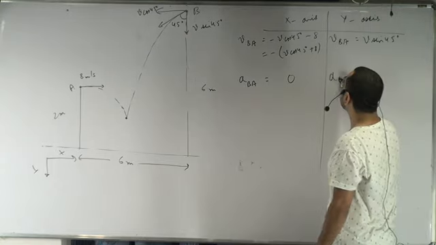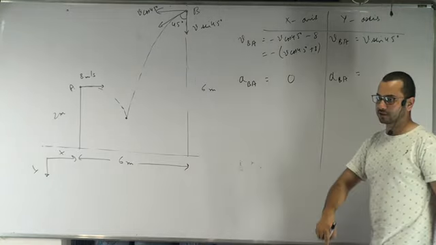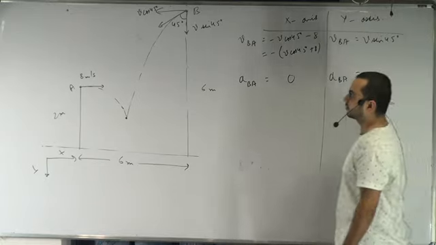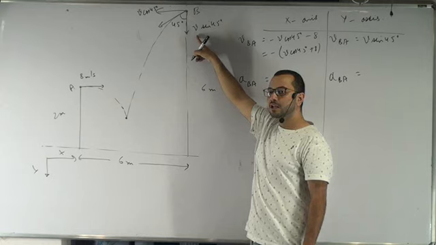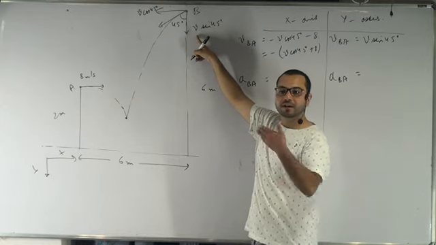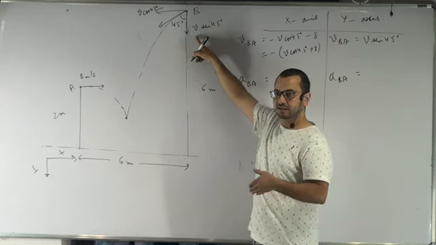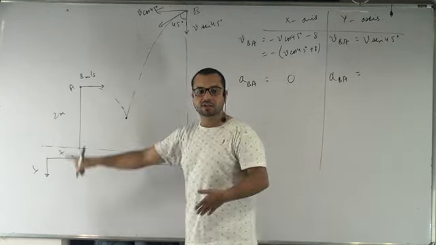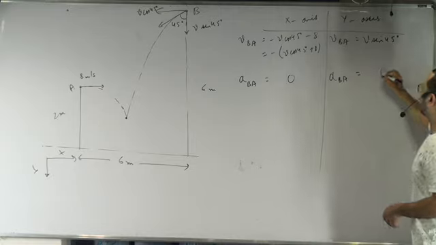What is the acceleration of B with respect to A in the vertical direction? What is the acceleration of B in the vertical direction? G. What is the acceleration of A in the vertical direction? G. G minus G is excellent.